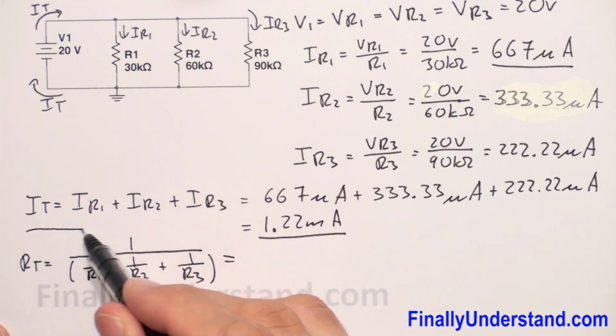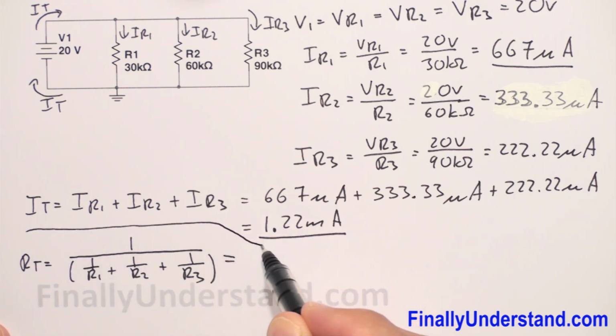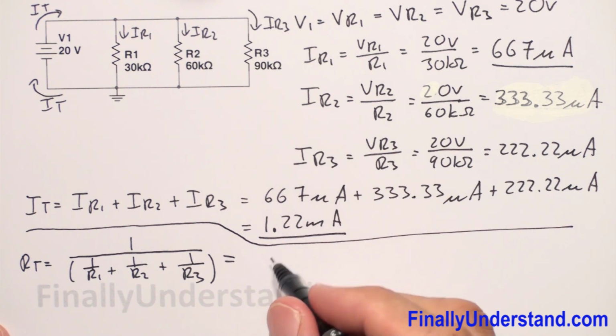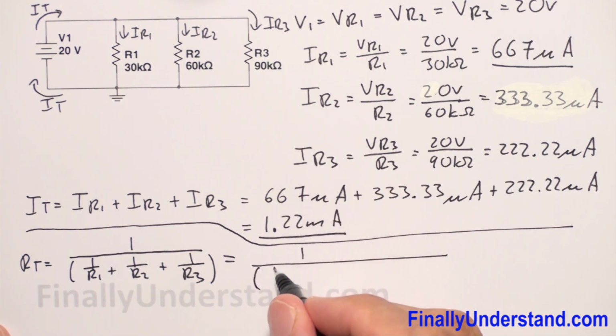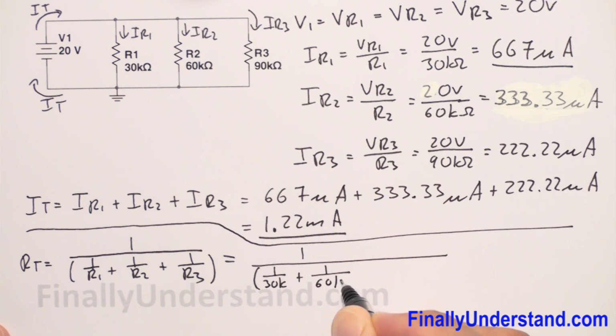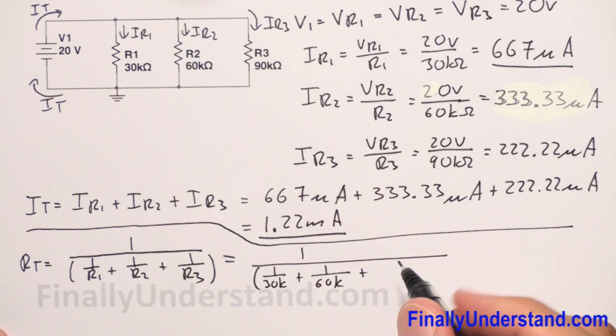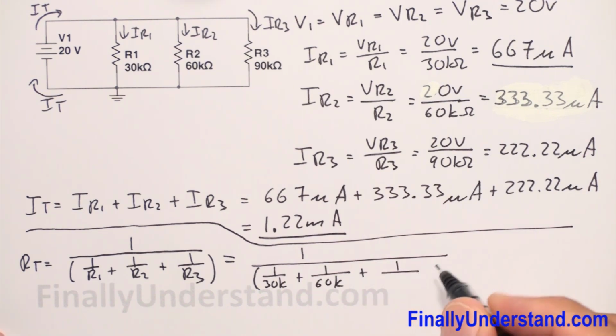So we have 1 over R1, which is 30k, plus 1 over 60k, plus 1 over 90k.